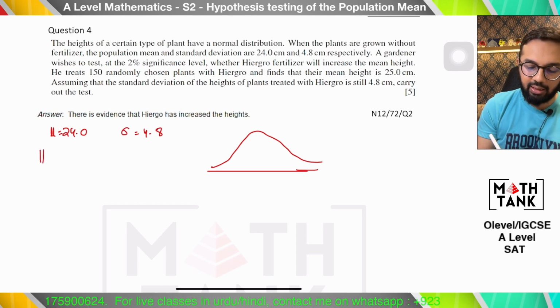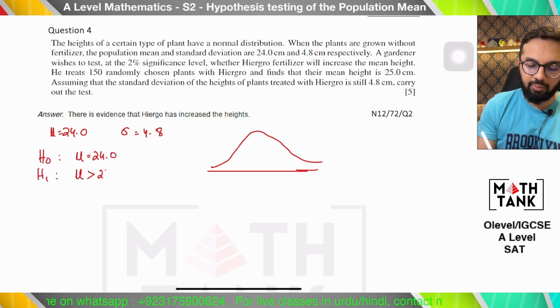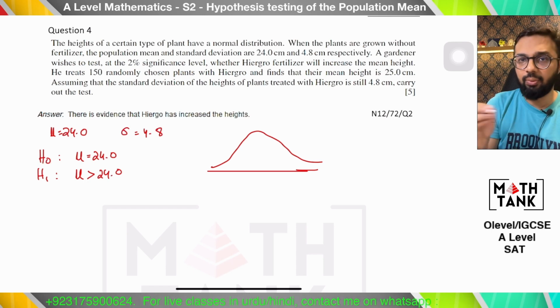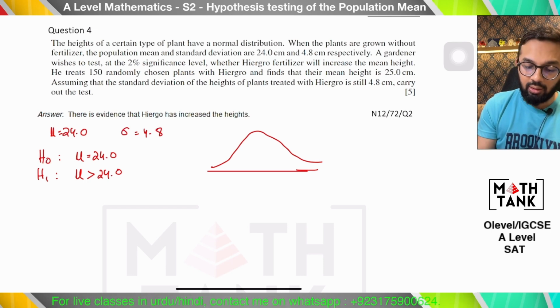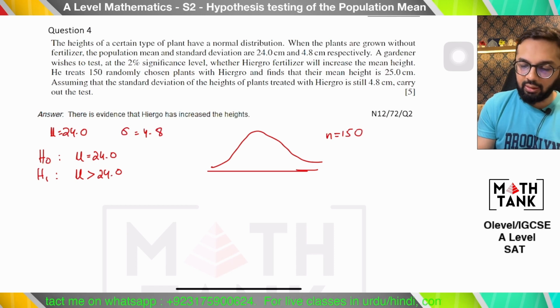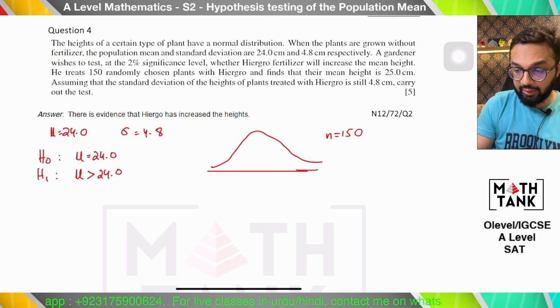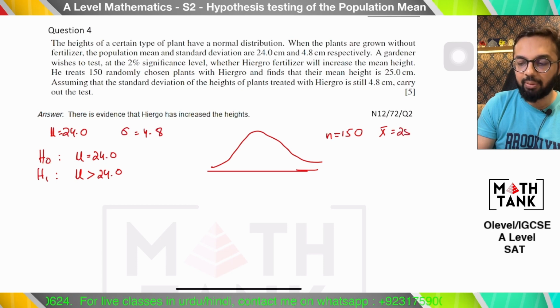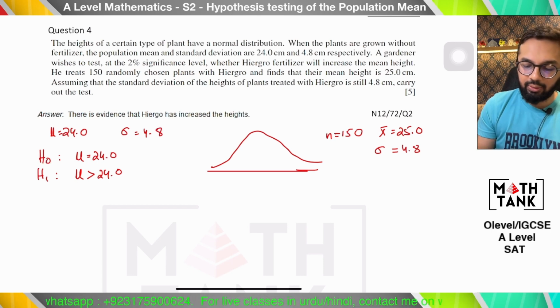So I am testing for an increase. H0: mu equals 24.0 and H1: mu greater than 24.0. He treats 150 randomly chosen plants with hygro fertilizer and finds that the mean height is 25.0. So the sample mean comes out as 25.0. Assuming that the standard deviation is still 4.8, carry out the test.